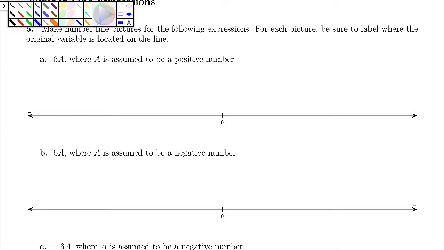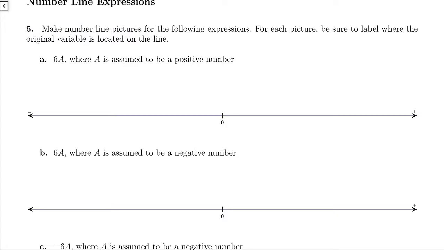So let's make number line pictures. So 6a, where a is assumed to be a positive number. So here a is assumed to be a positive number, and I want to make room for there to be 6 copies of it. So I'm going to put a right here. So I start with a being a positive number, and I take 6 copies of a.